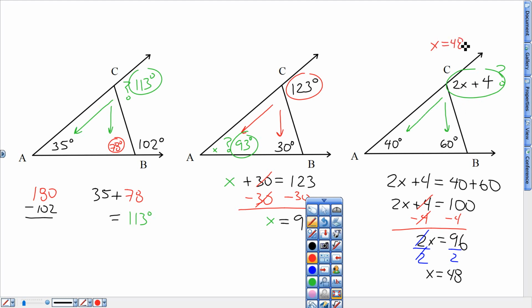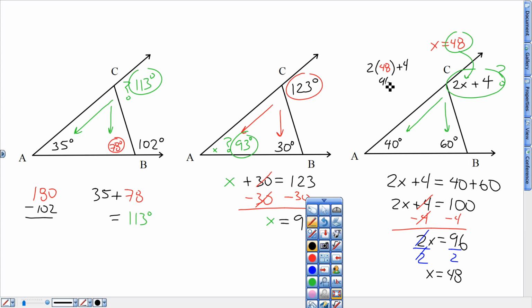If I want to find that actual angle, I've got to do a little bit of algebra. I've got to take that 48 and plug it in for X. So here we go. Let's find that angle. 2 times 48 plus that 4. Make sure you multiply that 2 and 48 first. That gives me 96.